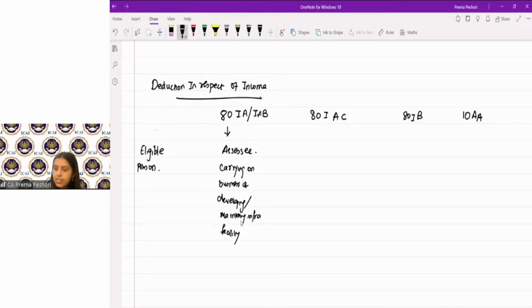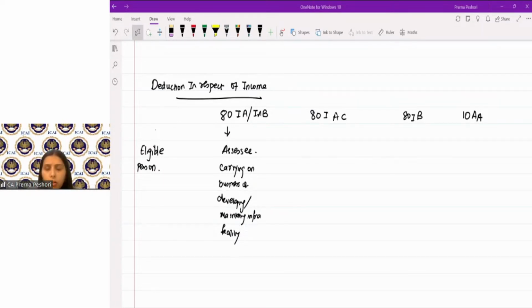Now this is, as I said, in respect of developing or operating and maintaining or developing any infrastructure facility, right? Industrial parks, power undertakings, all of these are eligible for 80IA and 80IB. Industrial parks are also there. Then power undertakings are there.